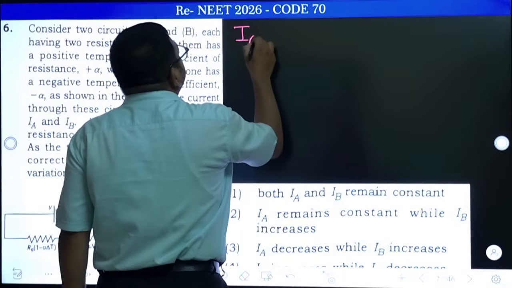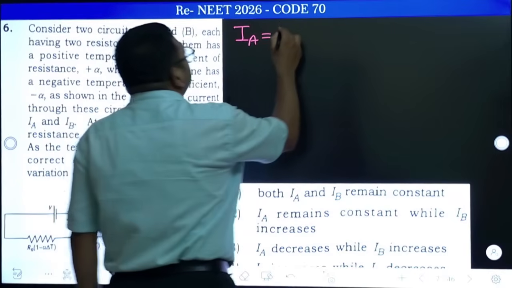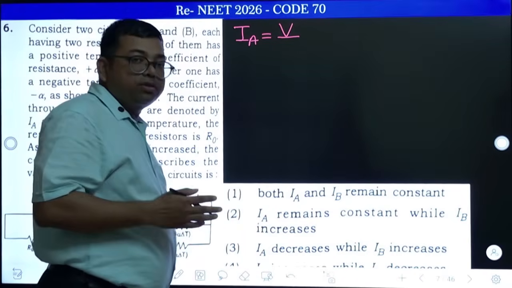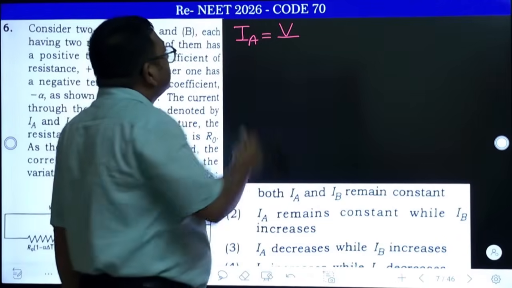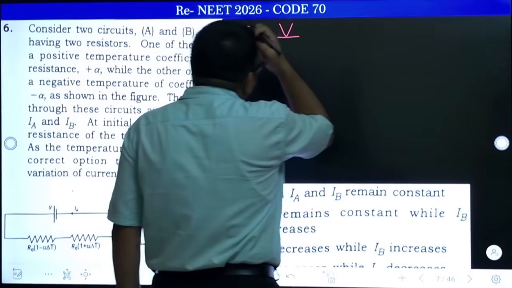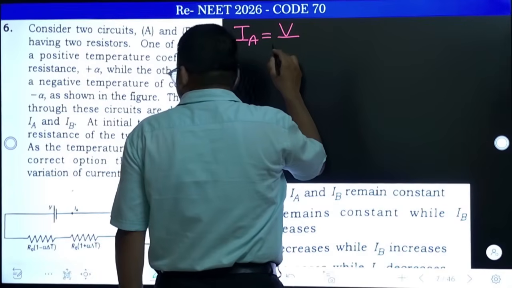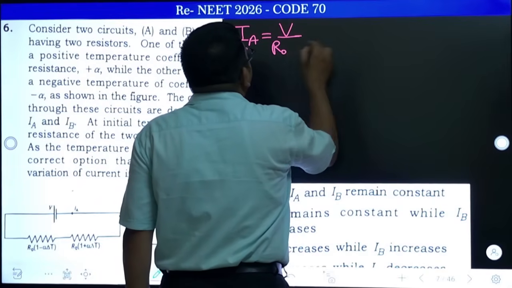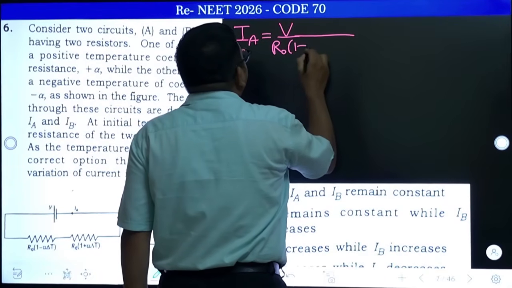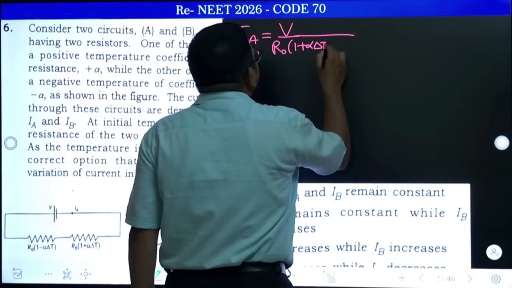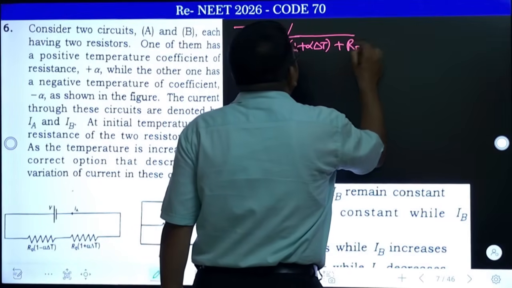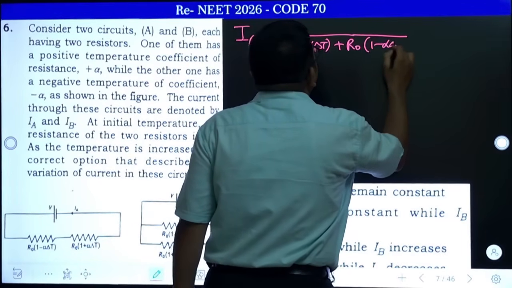So this current IA, I is equal to V by equivalent resistance. We have to take equivalent resistance. So equivalent resistance will be what? R naught times (1 plus alpha delta T) plus R naught times (1 minus alpha delta T), in series.